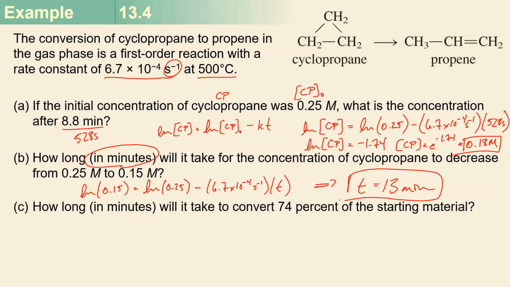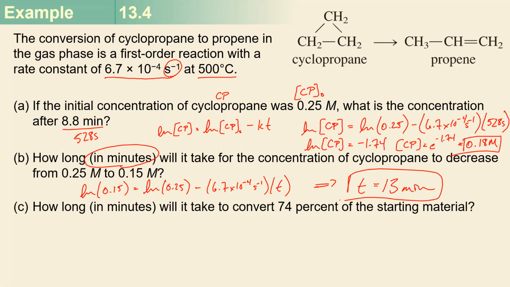Excellent. All right, this last one. How long does it take to convert 74% of the starting material? Our starting material is this cyclopropane. We want to convert 74%. There's a couple of ways to work through this problem. They gave us the initial concentration of 0.25 molar, but we could answer part C even if we didn't know it.